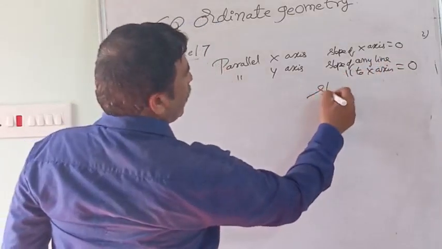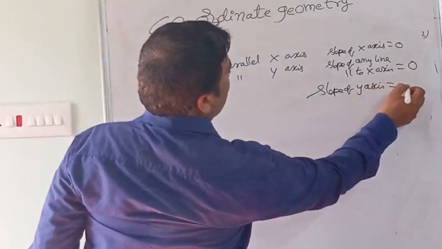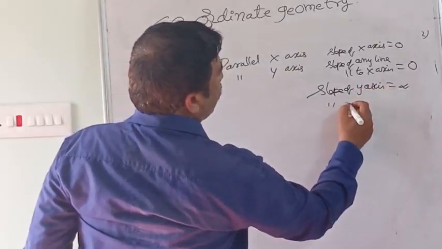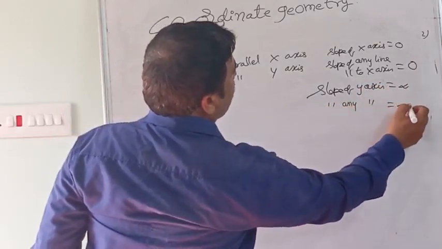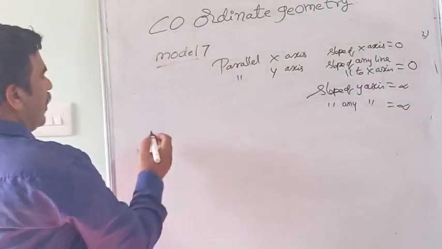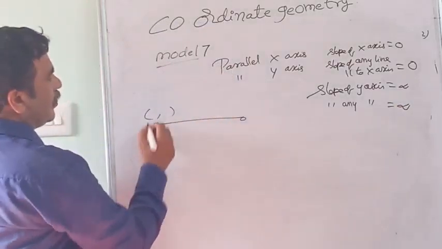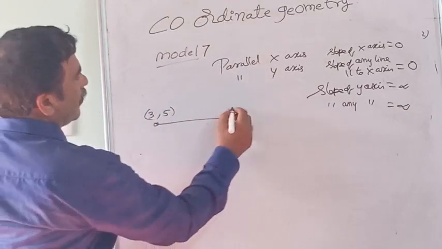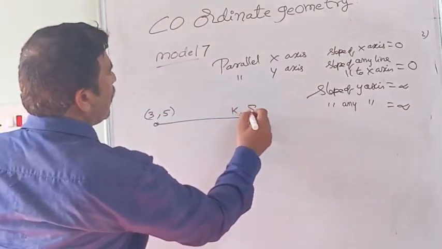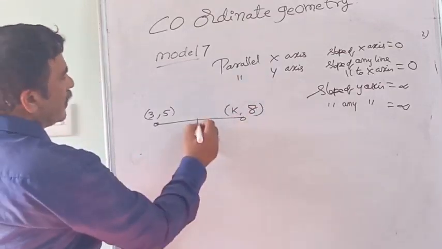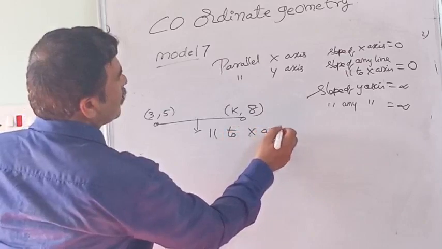Same way, slope of y-axis is infinity. Slope of any line parallel to y-axis is also infinity. Therefore, in problems, he will give a line through points like 3, 5 and k, 3 or k, 5 and k, 8, like this. This line is parallel to x-axis, like this he will give.